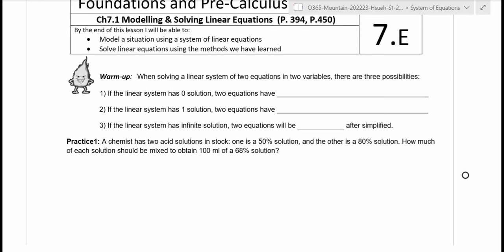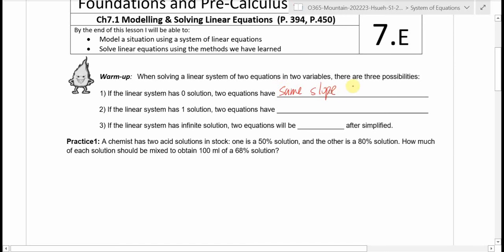If the linear system has zero solutions, that means the equations must have the same slope but different y-intercepts. If the system has one solution, that means they must have different slopes.